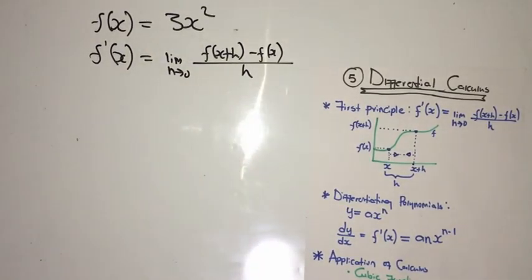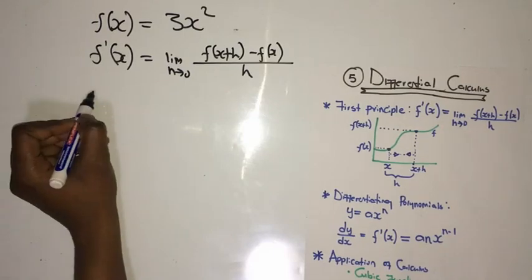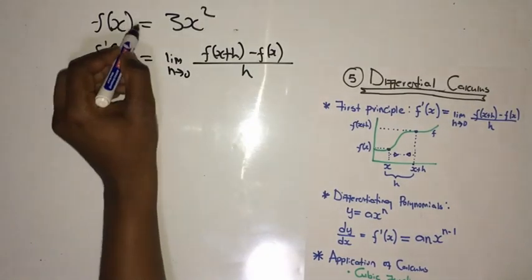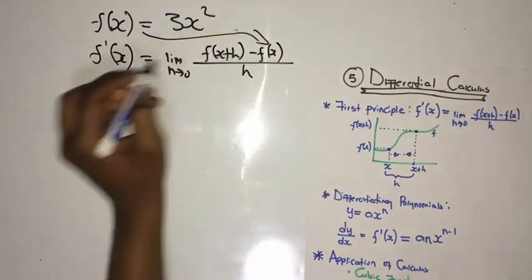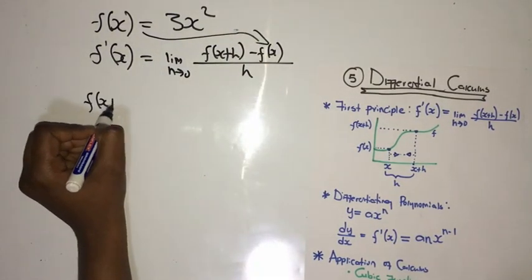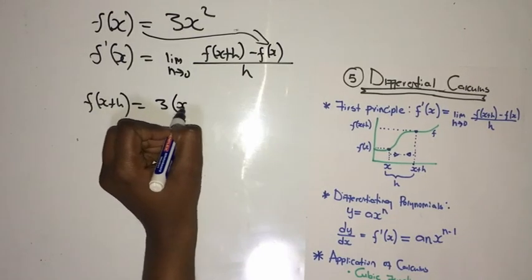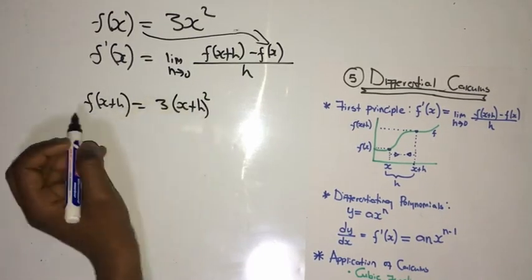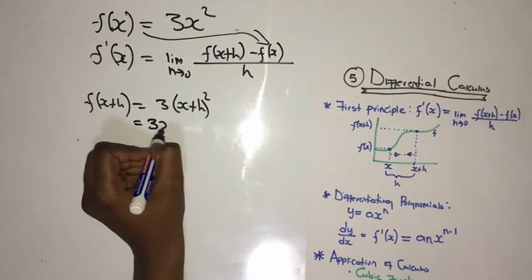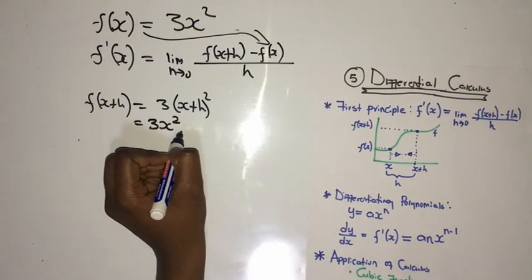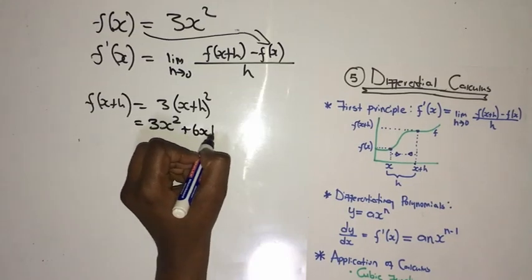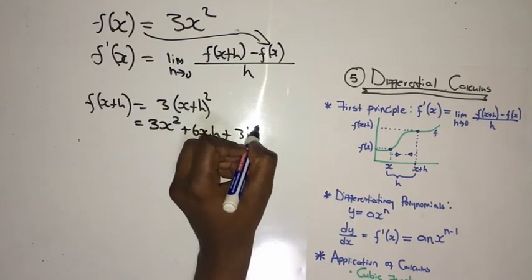A lot of people make mistakes by just jumping onto this formula and substituting, and before you know it, they don't know what's happening. So what I like to do is start with f of x, which is given. Now find f of x plus h separately. That would be 3 into x plus h squared, and when you simplify that, it's 3x squared plus 6xh plus 3h squared.